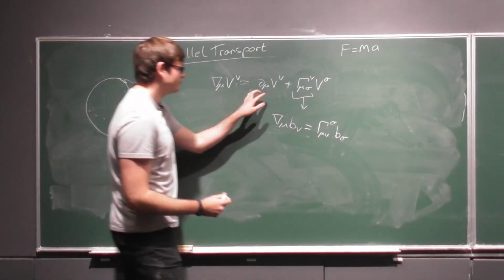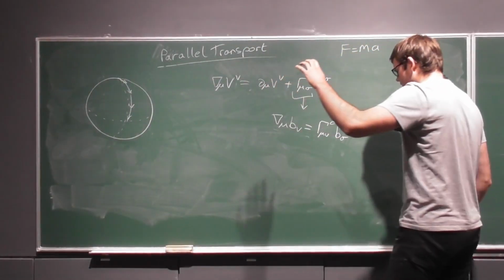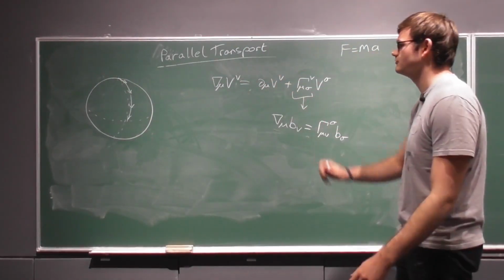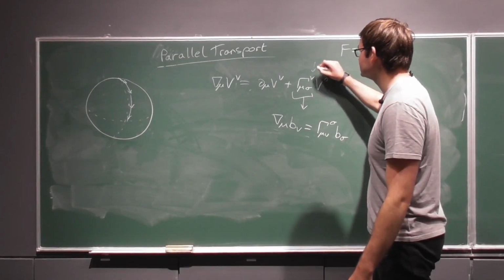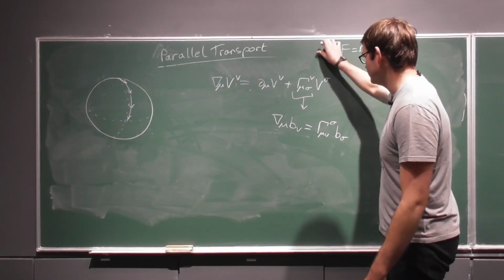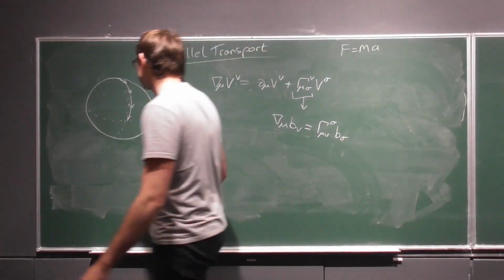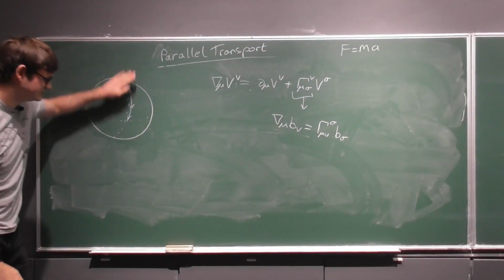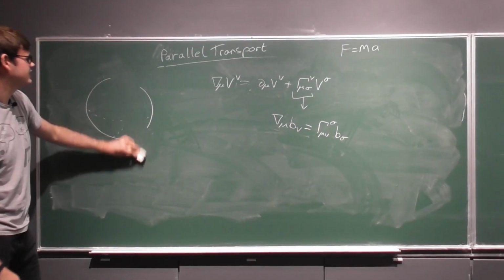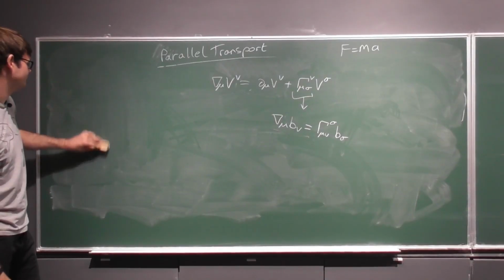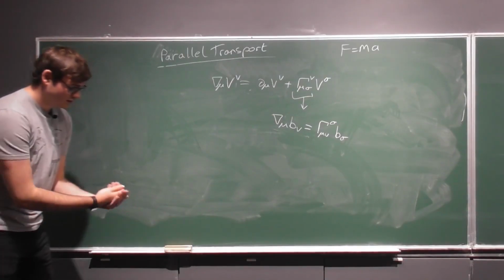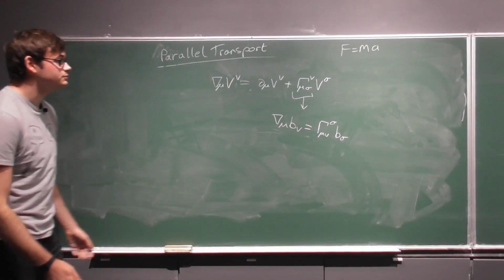Okay, so this term tells us generically how the vector field changes as you go to different points in space, and this term tells us how the basis changes. Which is very important. And on curved spaces, we see that basis vectors do not stay the same. Okay, so we then have two problems.